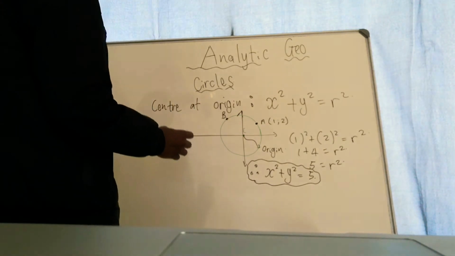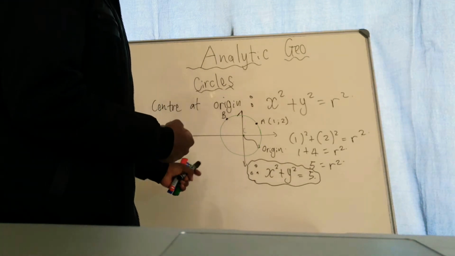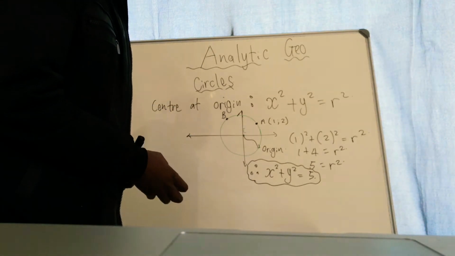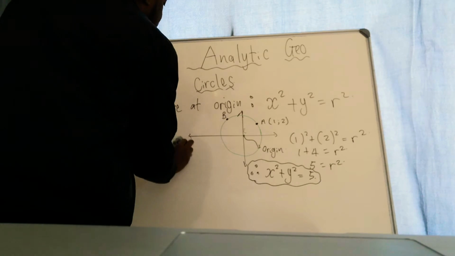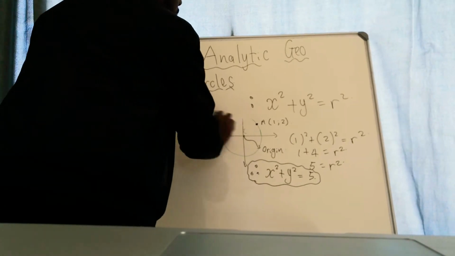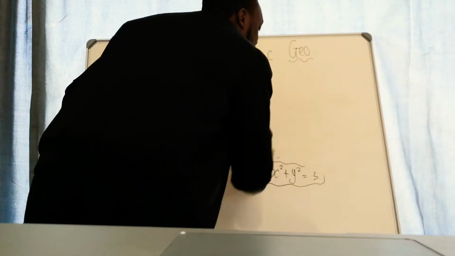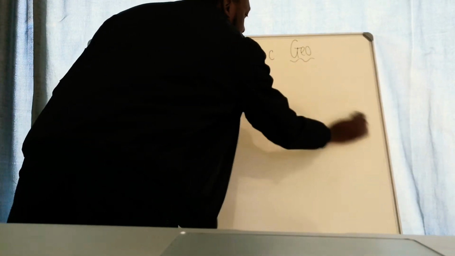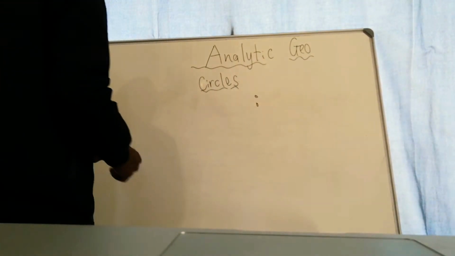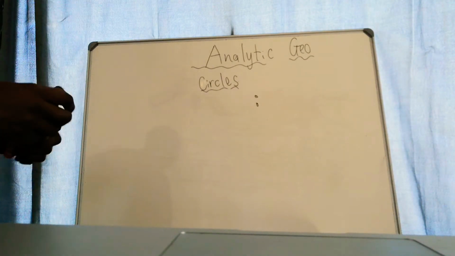How do we find equations of other circles where the center is not at the origin? First of all, how does the general formula look? Right?